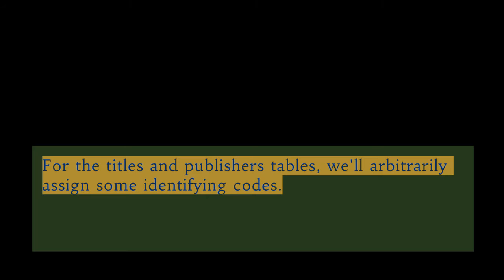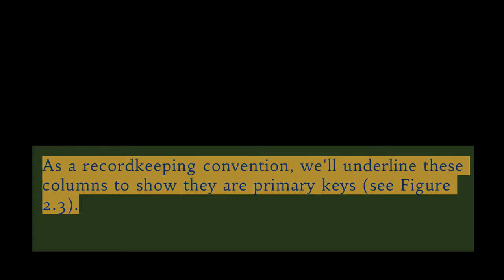In the authors and editors tables, we'll use social security numbers. For the titles and publishers tables, we'll arbitrarily assign some identifying codes. As a record-keeping convention, we'll underline these columns to show they are primary keys. See Figure 2.3.